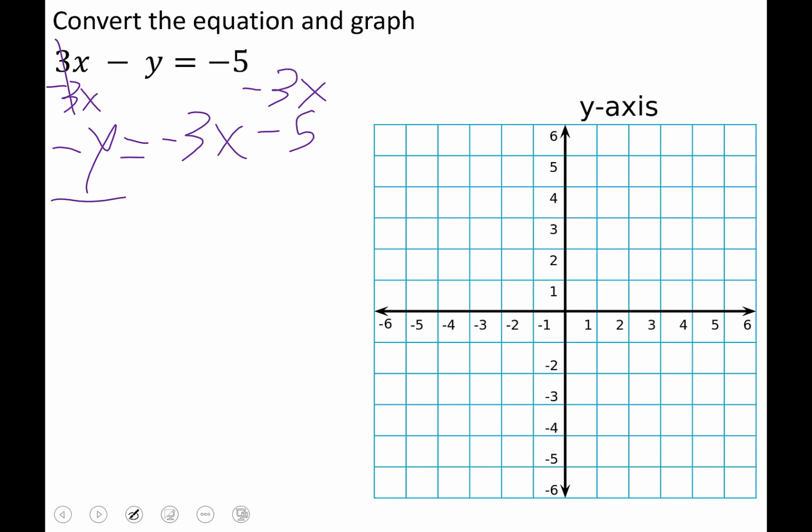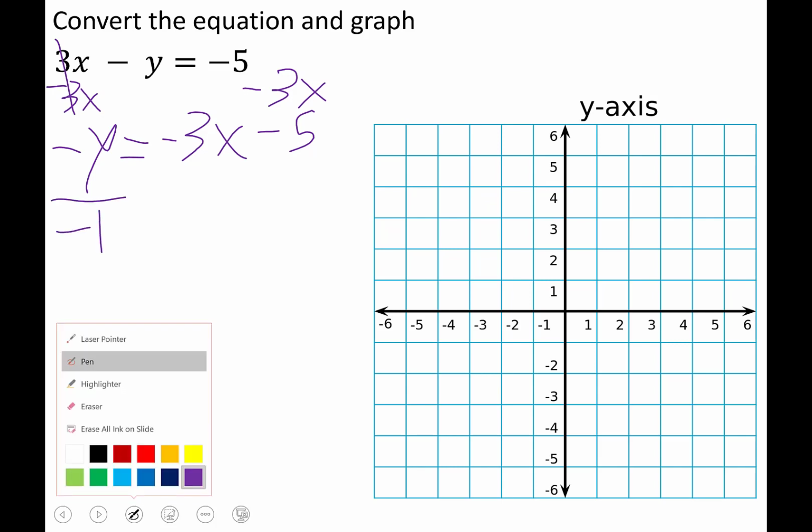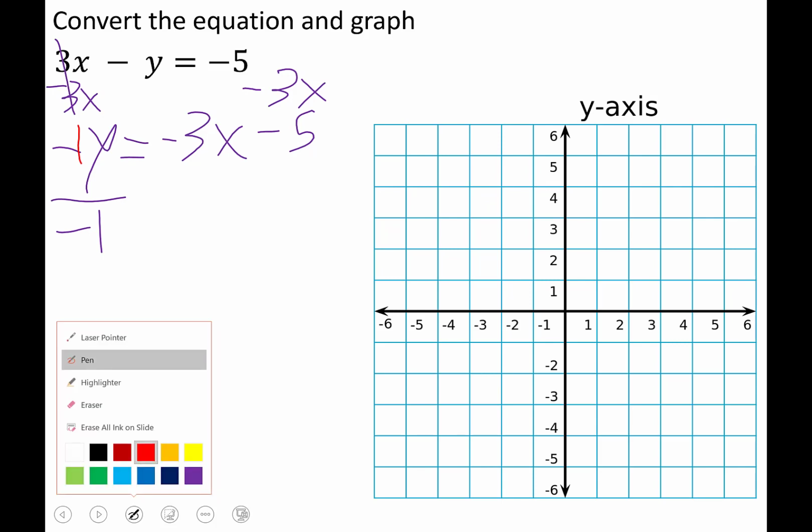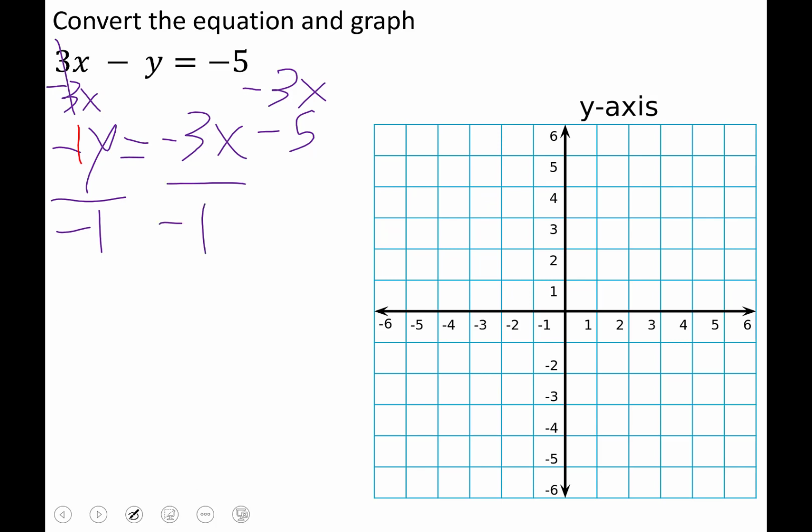Now remember there's that invisible 1 in front of y that I need to divide by for my great divide. Okay, cancel that out. I get y is equal to, well, negative 3 divided by negative 1 is a positive 3, and negative 5 divided by a negative 1 is a positive 5.